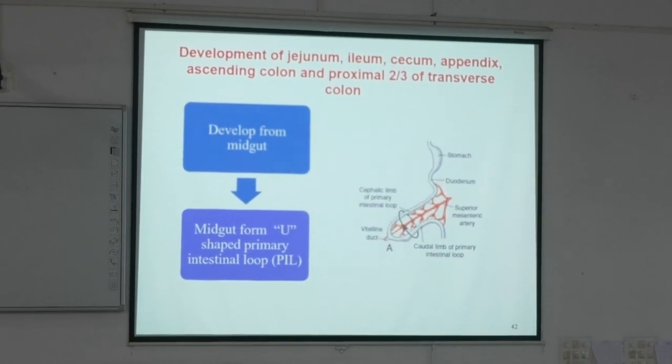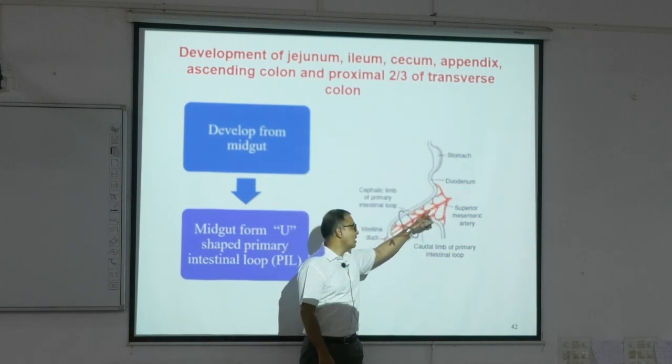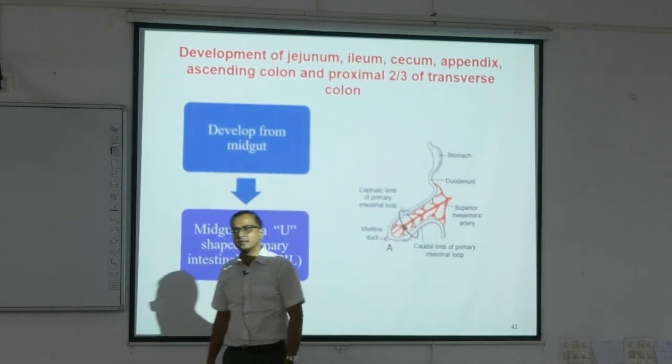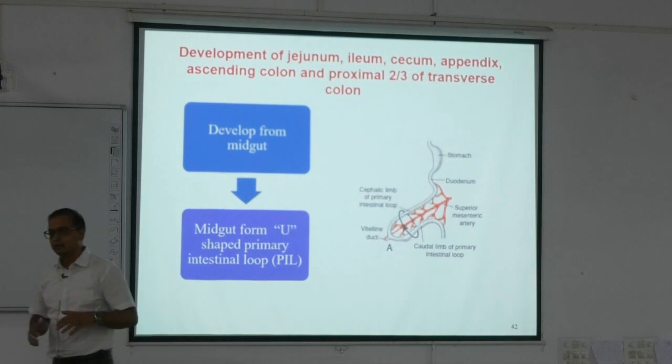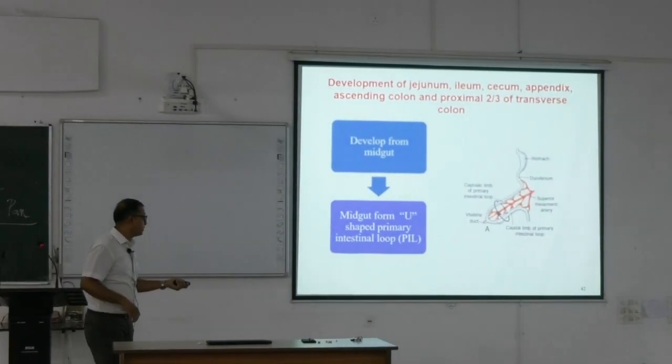Now this U-shaped tube that you're seeing here is pierced in its axis by the artery known as the superior mesenteric artery. This whole thing develops into the gut tube.